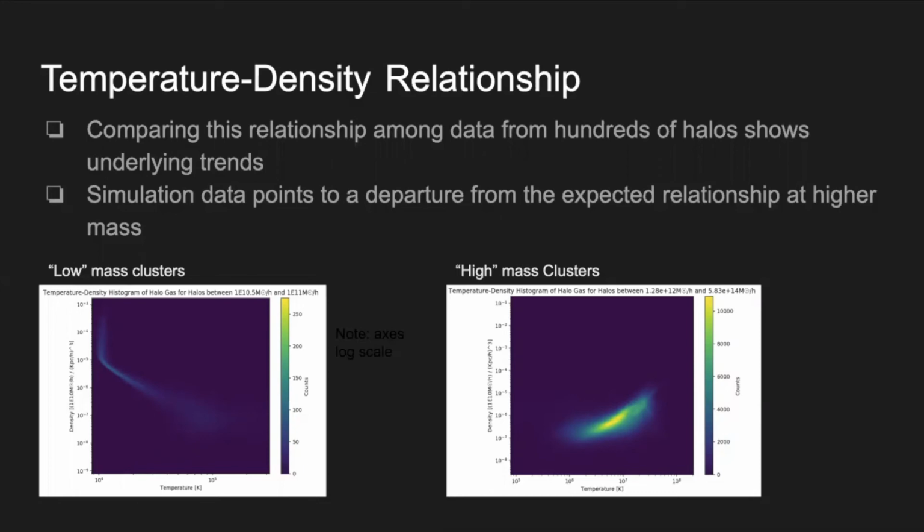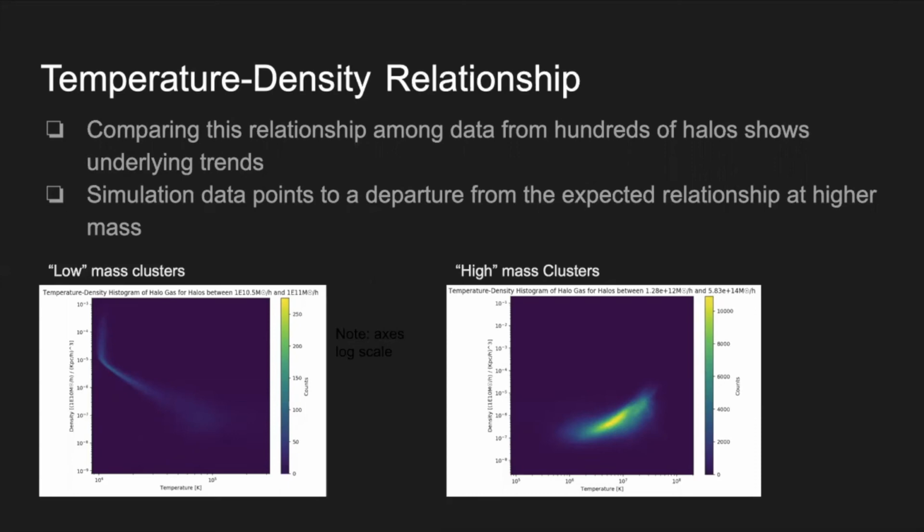What I did was make two mass bins, a low mass bin and a high mass bin, to see if they would behave differently. I grabbed 700 random halos from the low mass bin, and 700 random halos from the high mass bin, and compiled them into an aggregate data set to look at the underlying trend.